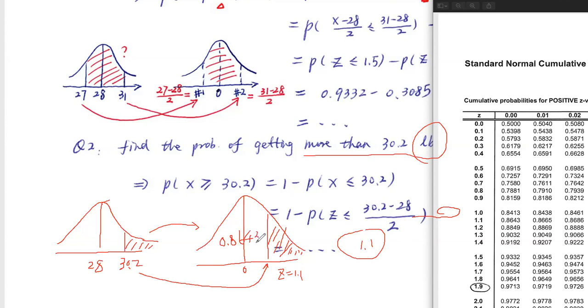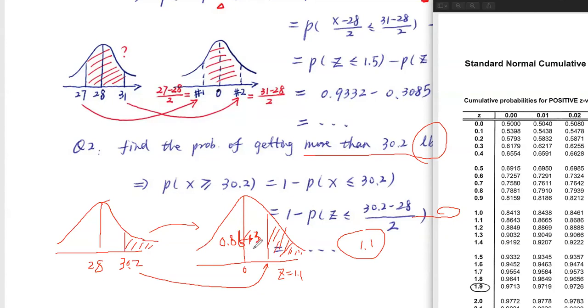Sometime tomorrow, if you have some time, go over those examples. Make sure you understand how we do this step by step. Once you understand those examples, then when you work on those homework questions, it will be much clearer. So this tells us the probability to the left of 1.1 is 86.43%.